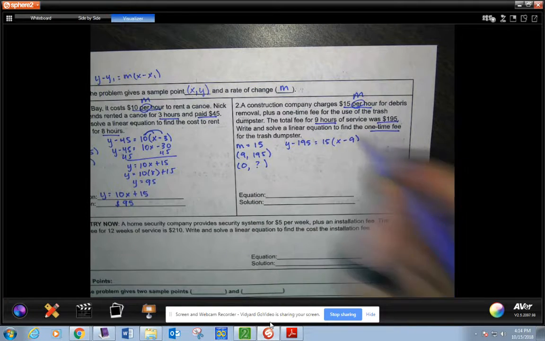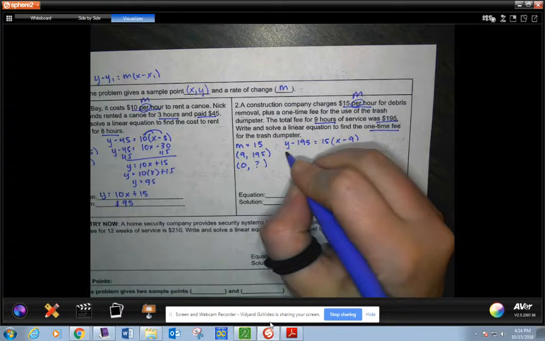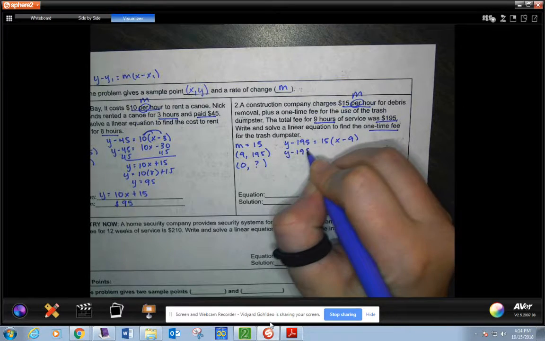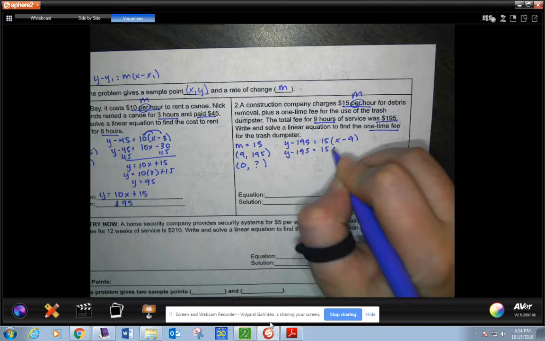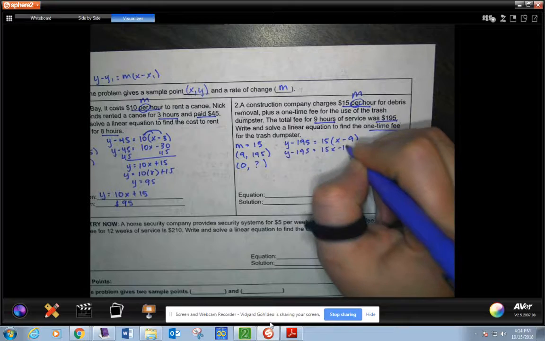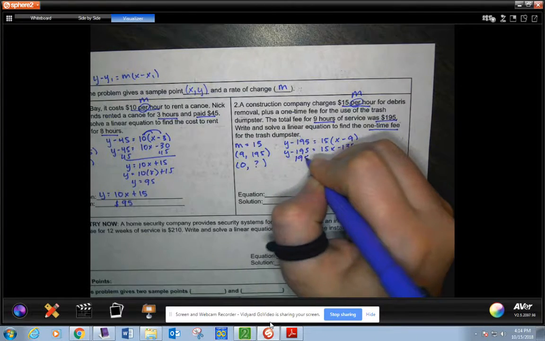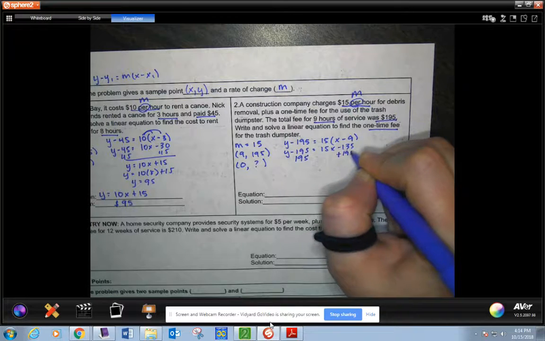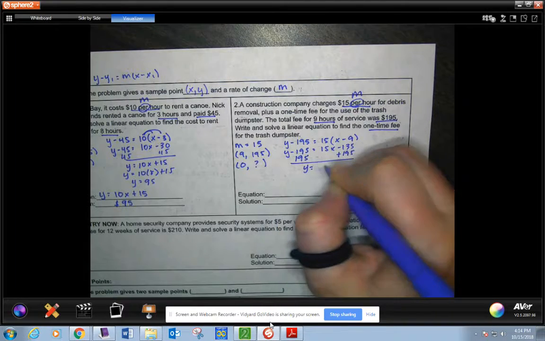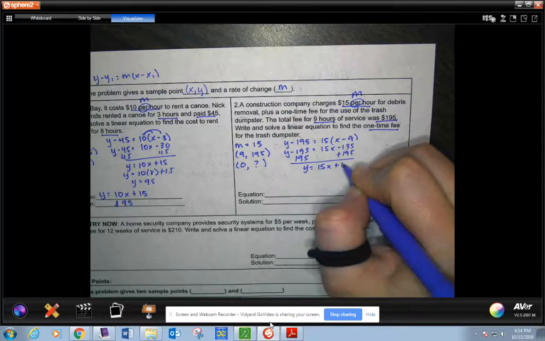Okay, so now you just have to distribute and solve for y. So we're going to keep the y minus 195 equals 15 times x is 15x, and 15 times 9 is negative 135. Okay, now I'm going to add 195, and that gives me y equals 15x, and that would be plus 60.